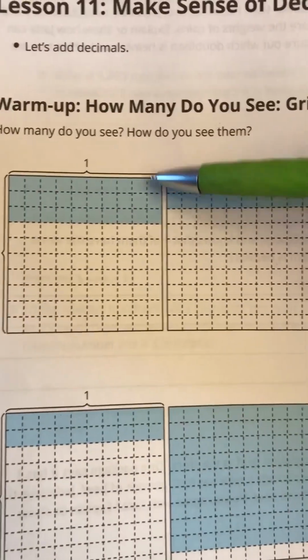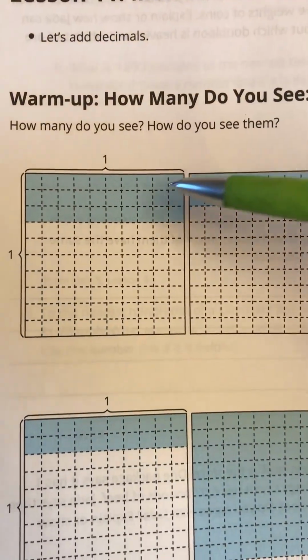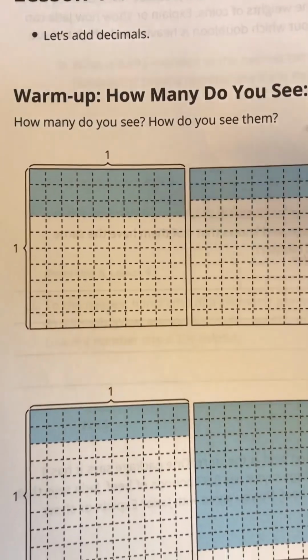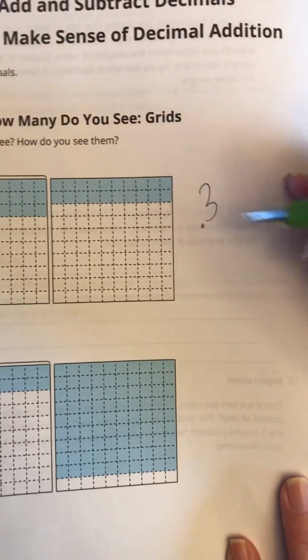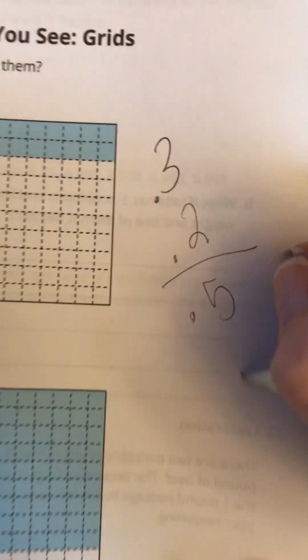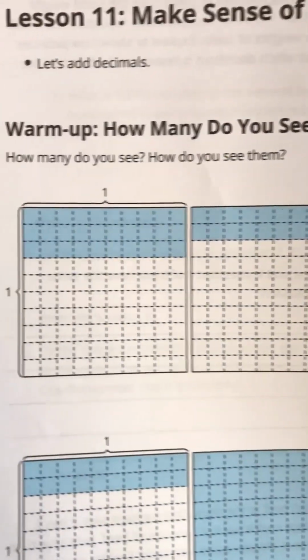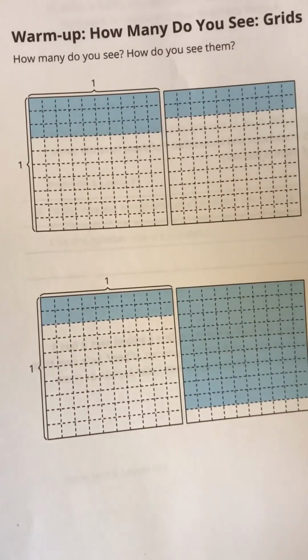So remember, these are in groups of 10, so that would be 10, 20, 30, and so that would be 30 hundredths, or we could say it as 3 tenths, added to the 2 tenths, and so we have a total of 5 tenths here, or 50 hundredths would be the same amount. So that's all you have to do on these pages. You can look at each one individually and then put them together.